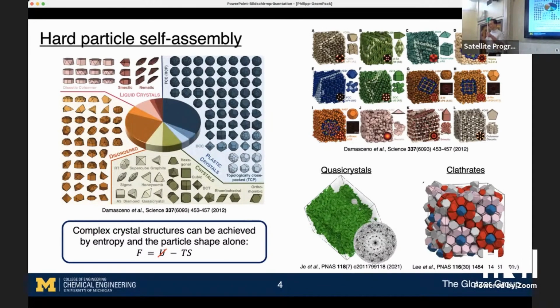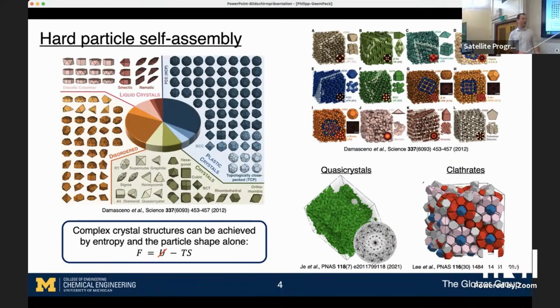So you can think about hard sphere particles, which form the FCC structure. But if you deform them, if you give them different facets and so on, you can get really, really complicated structures with multiple local environments for each particle.